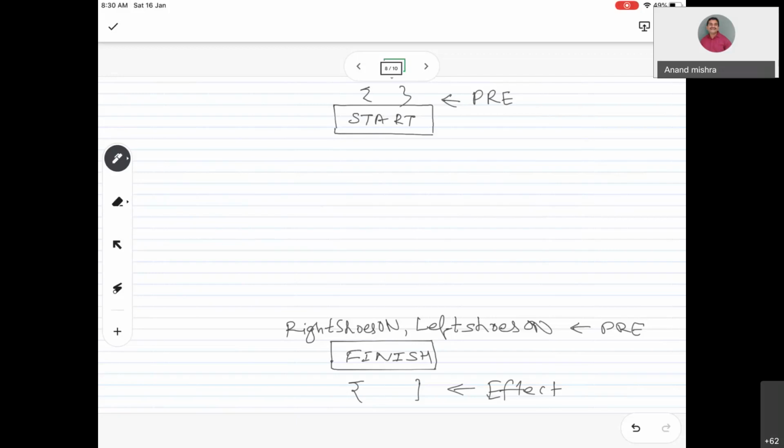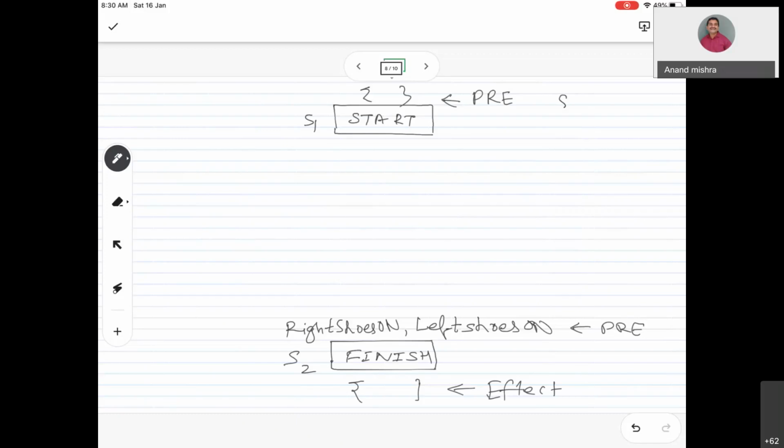Now, can you say anything about the ordering of these two operations, S1 and S2? Let's call this S1 and this S2. Is there any ordering between S1 and S2? S1 has to occur before S2, right?